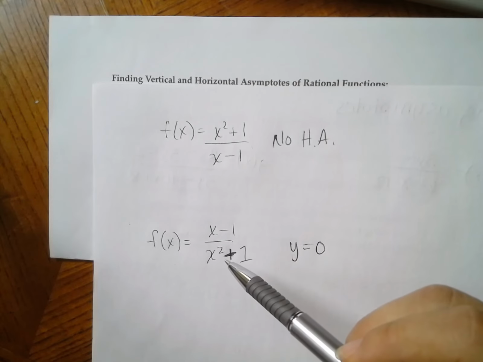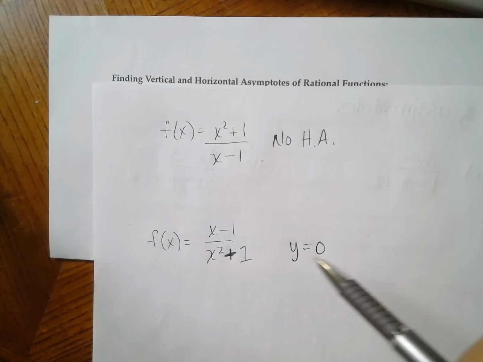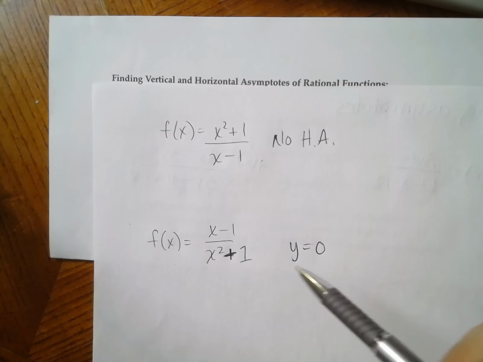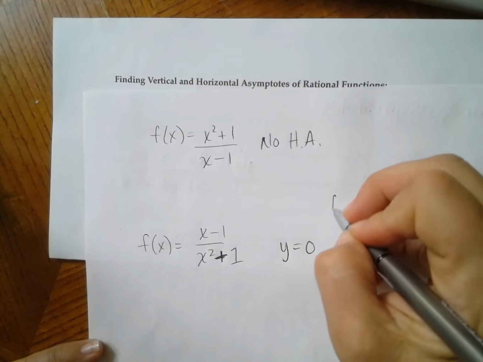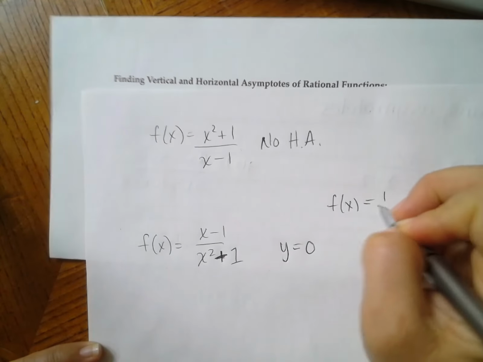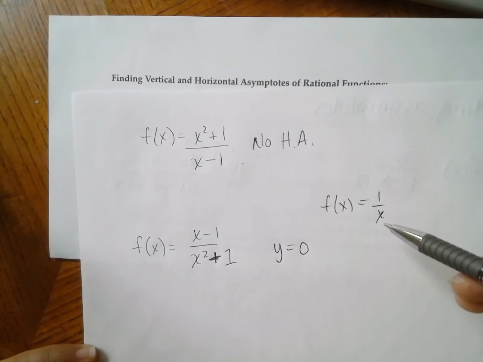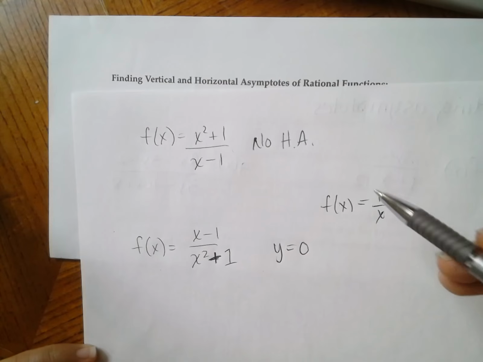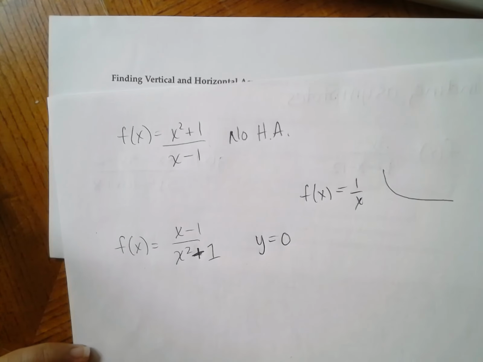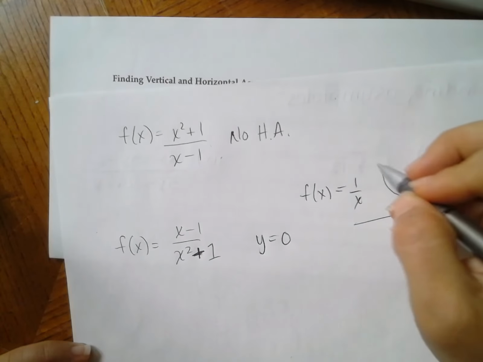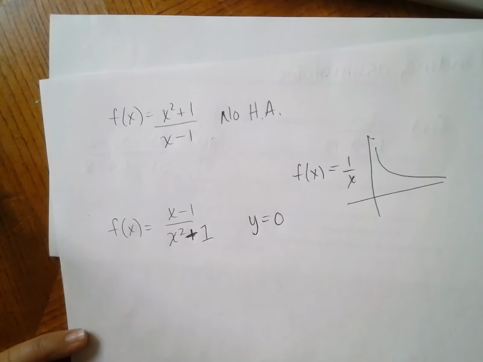And so what ends up happening is it shrinks and ends up being y equals 0. That's actually what happened with our function f of x equals 1 over x. The degree of the denominator was bigger than the degree of the numerator, and so that's why we saw the graph level out at y equals 0. So that's what it would look like.